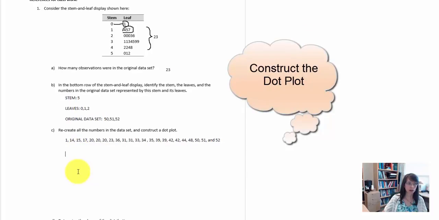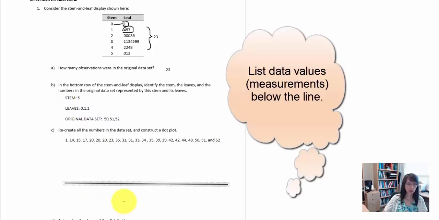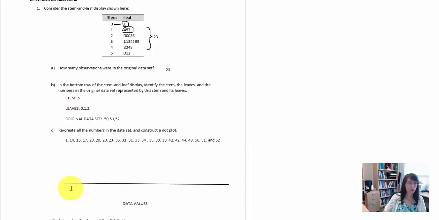Now we'll construct the dot plot. So for the dot plot, we need a horizontal line. So there is our horizontal line, and we'll place our data values below that. So what would be helpful is to create a scale so that we can place our numbers. We don't want to count by ones probably, because our numbers go from 1 to 52, and that would just be too cluttered on the scale.